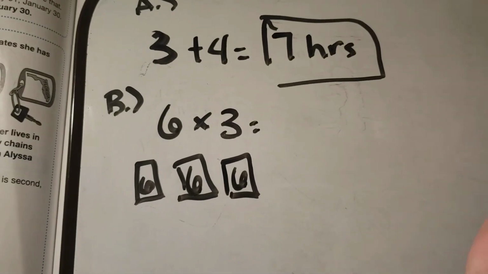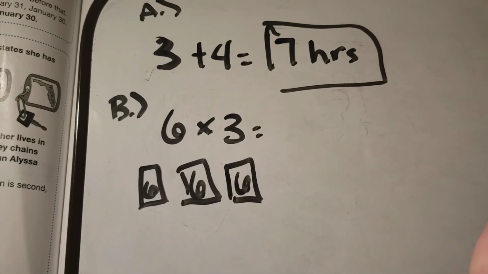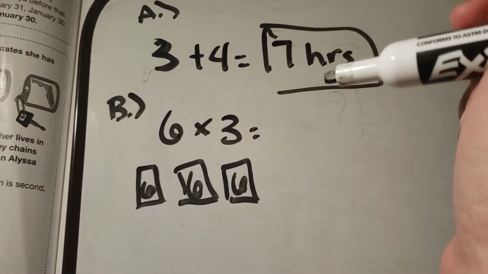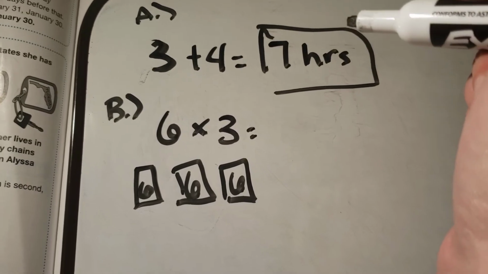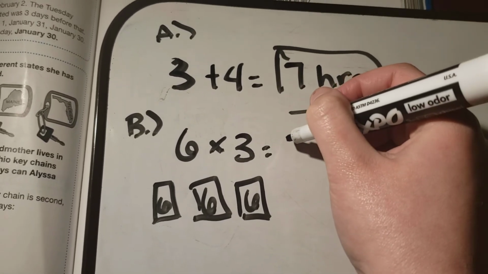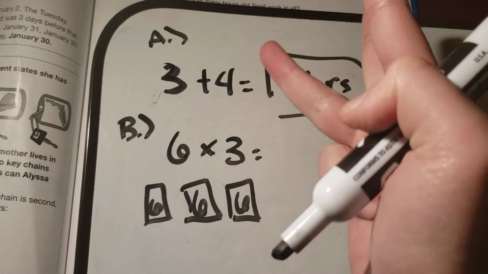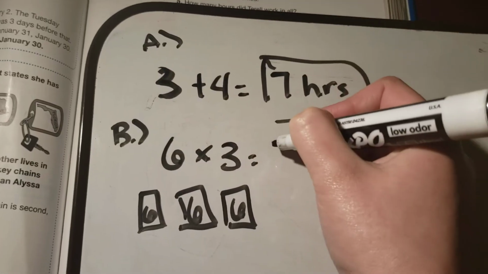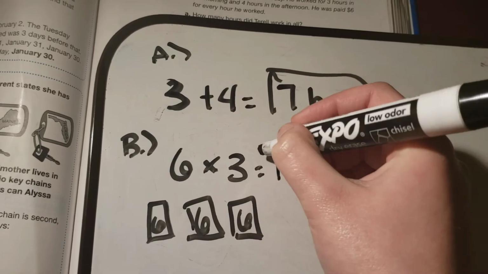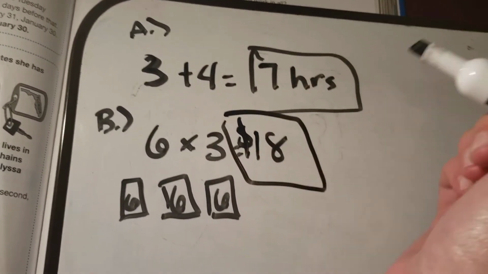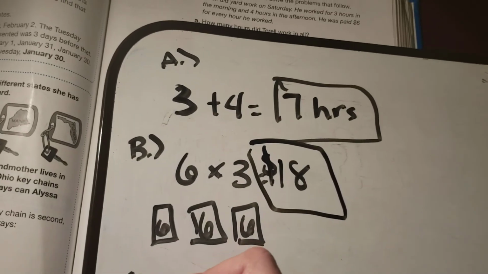So I suggest focusing on the question, picture it in your head, see if you can draw a picture for it to make sense. So 6 times 3 is 18. 3, 6, 9, 12, 15, 18. Yep, $18 is how much he earned in that first 3 hours.